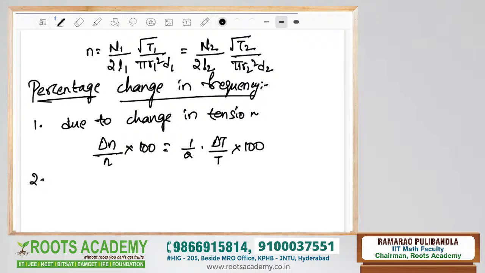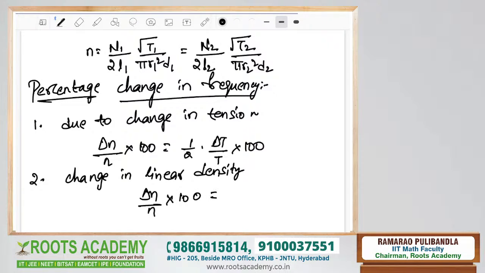So when there is a change in linear density, delta n divided by n into 100, frequency change is equal to minus 1 by 2 into delta m divided by m into 100.